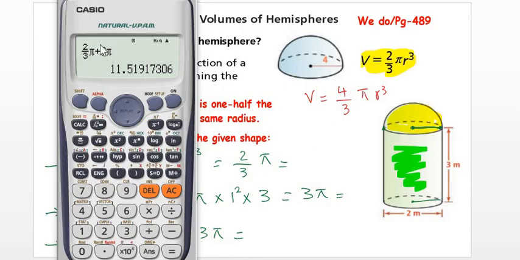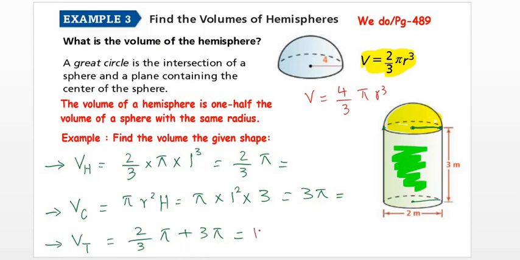I typed it on the calculator, whatever was given here. It became 11 over 3 pi, and then I converted it into decimal, so it is becoming 11.52. What is the unit? It's meters, so it's going to be cubic meters.